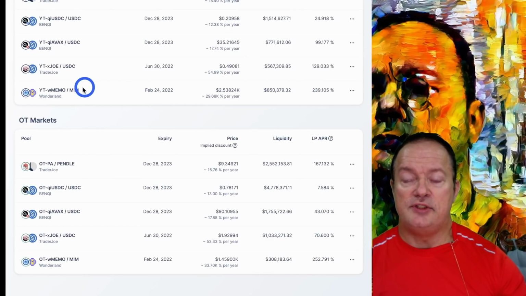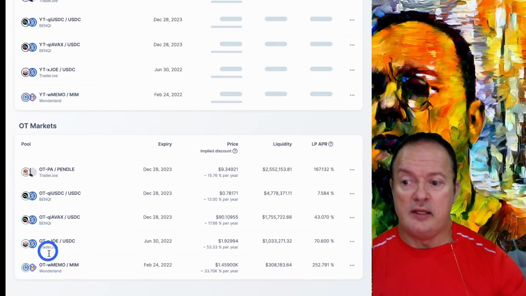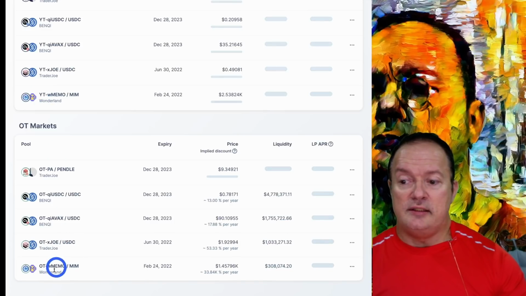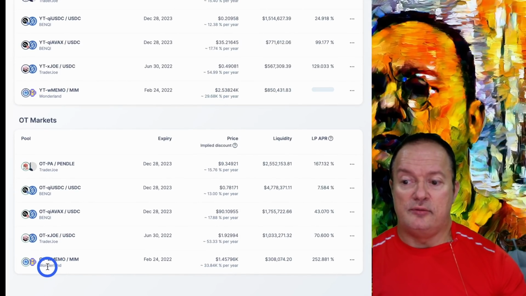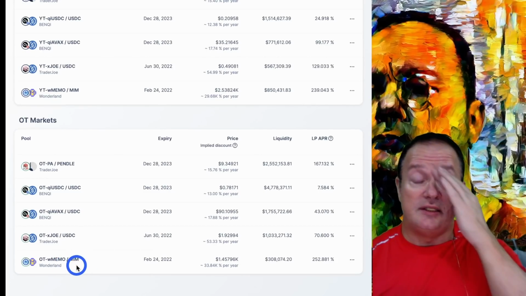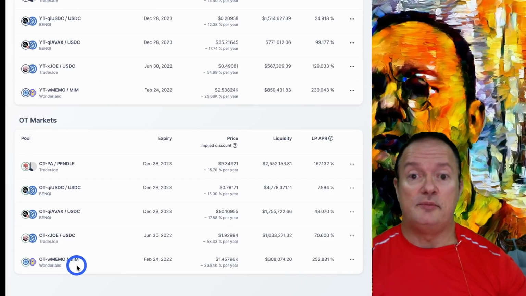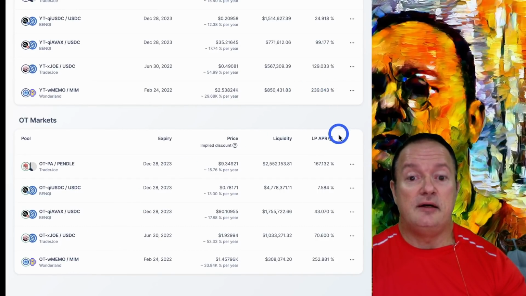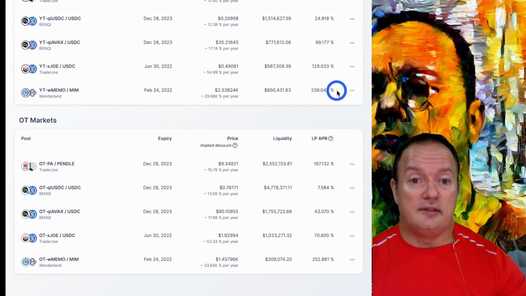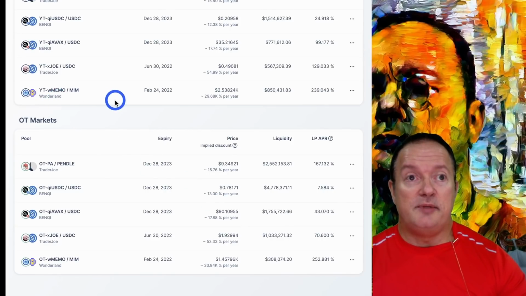And the last line of each shows an LP of wMEMO and MEMO on YT, and similarly wMEMO OT here. Now, what's neat about this is that you can get a pretty large APR here of 239% or 252%, depending on whether or not you keep both tokens.